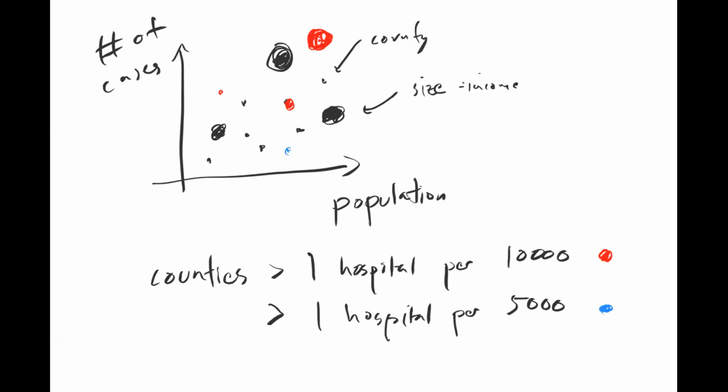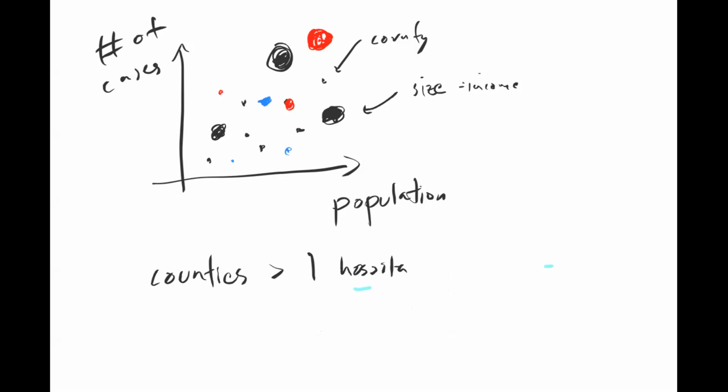Okay, and so this figure here is showing four different dimensions already. And suppose you had this data for every country as well. We could continue to add more dimensions.